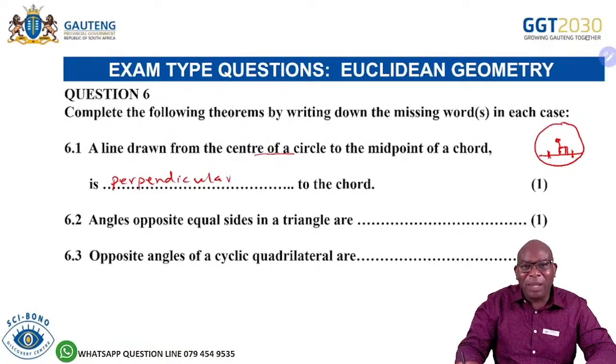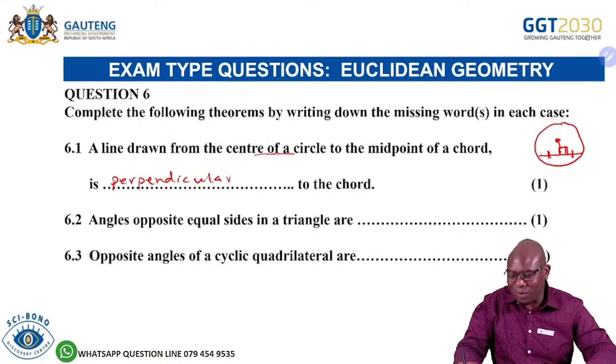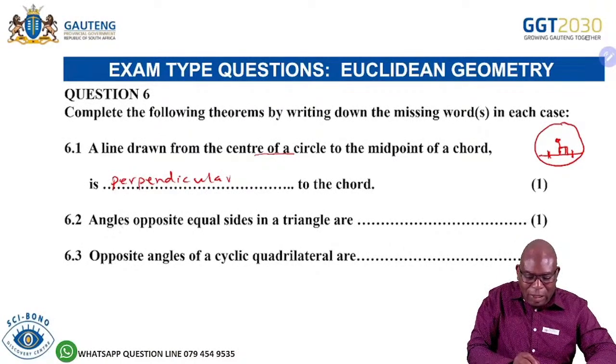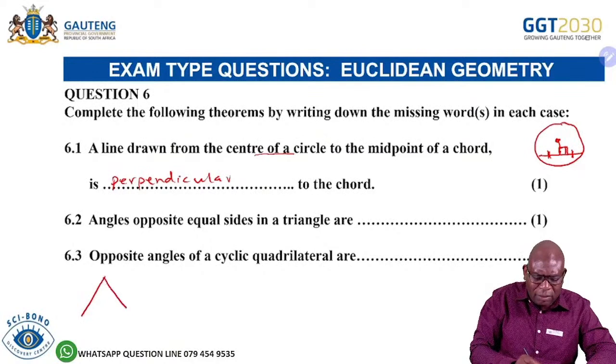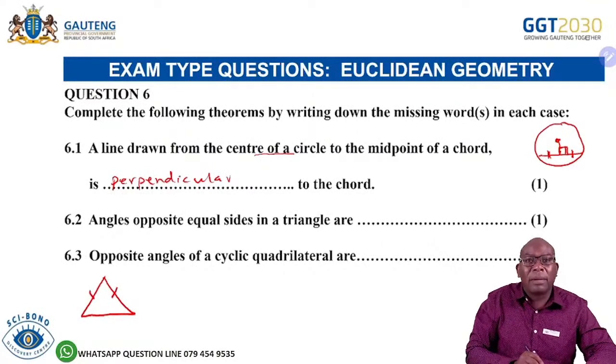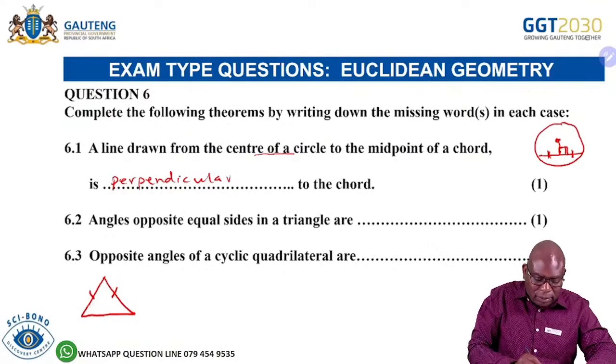I read the statement and try to draw a picture. Here it says angles opposite equal sides in a triangle. Oh, let me draw a picture. Triangle. There are sides that are equal. So if the sides are equal, what happens to the angles?